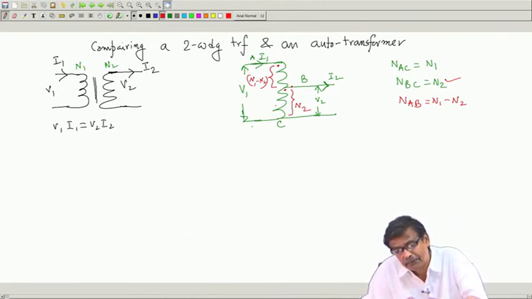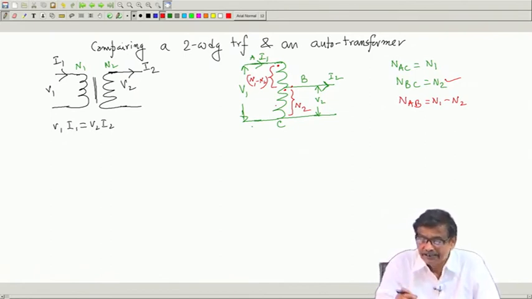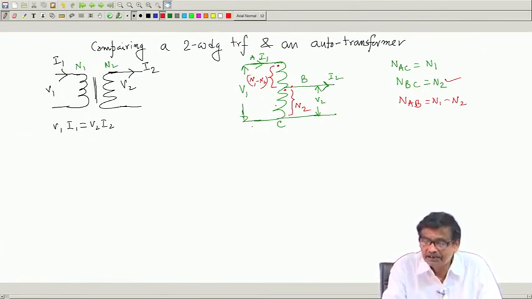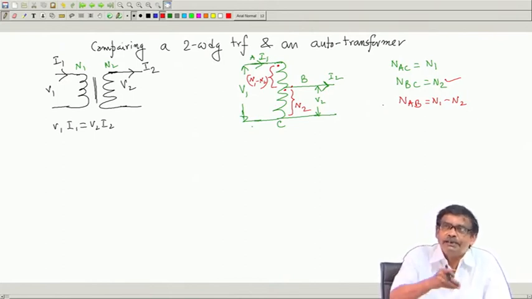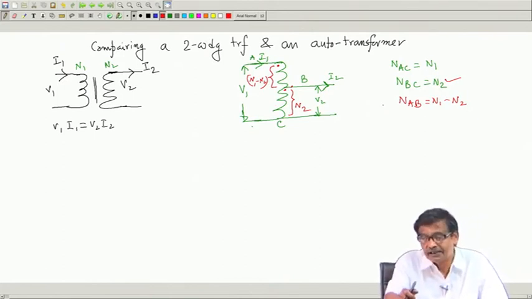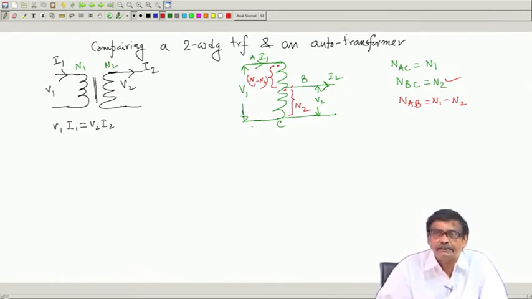You have applied a voltage V1 between A and C, perhaps this is primary, where the whole number of turns is N1. Where is secondary? Between B and C. How many turns are there? N2. But these N2 turns are also a member of the primary coil's number of turns N AC, is it not? This is common to both primary and secondary. This causes a problem. Initially, what to do then?